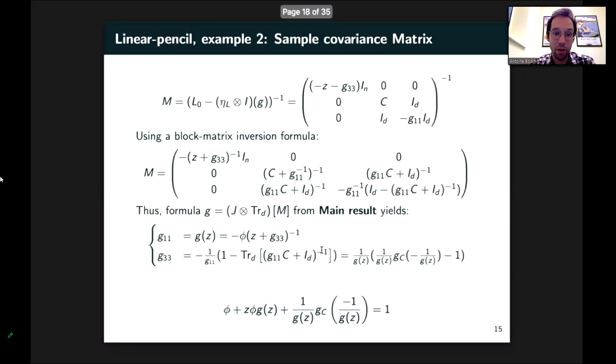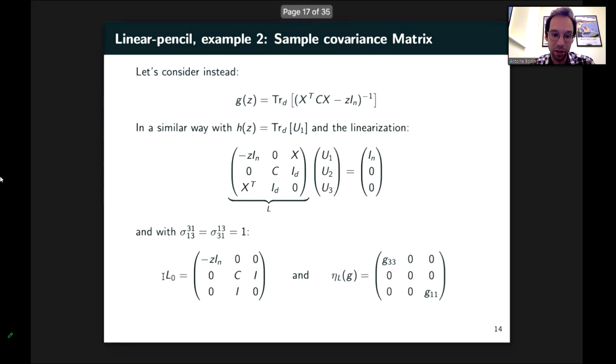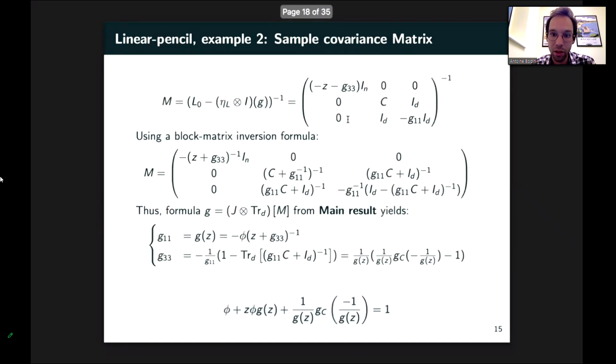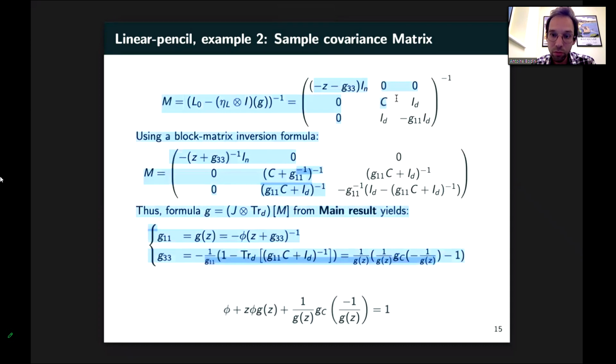Then we just apply the main result. Okay, this slide is a bit horrible, but essentially here you have the right-hand side of the main result, where you just put L0 minus this expression. So it's just taking back this expression L0 minus this expression that has been amplified with some identity blocks. So this is just it, and this is to the -1.